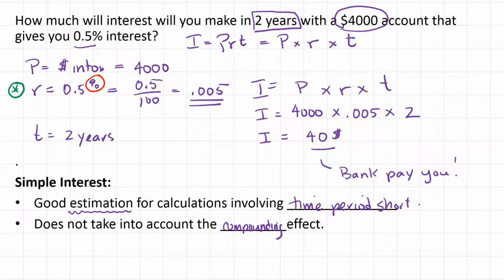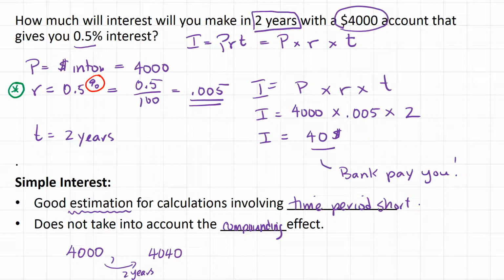And compounding effect means, and we're going to talk a little bit about this in a later lesson, but just as an introduction, in this example, you started with $4,000. After 2 years, you ended up with $4,040 in the bank account.